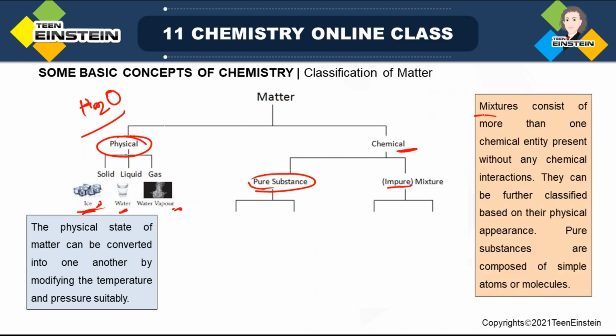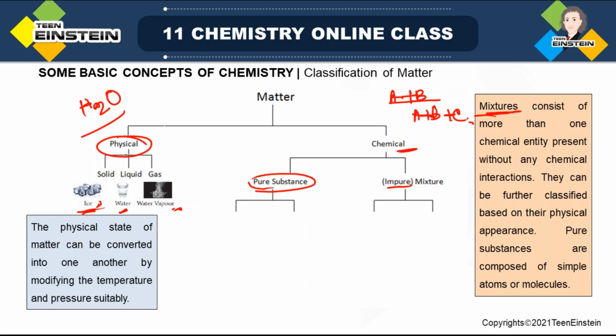So what is a mixture? A mixture consists of more than one chemical entity, but these entities are not reacting with each other. Suppose I am writing here A plus B, or another sample of mixture, A plus B plus C. In the first case you have two chemical entities, A and B. In the second case you have three, A, B and C. They are not reacting with each other, they remain as they are.